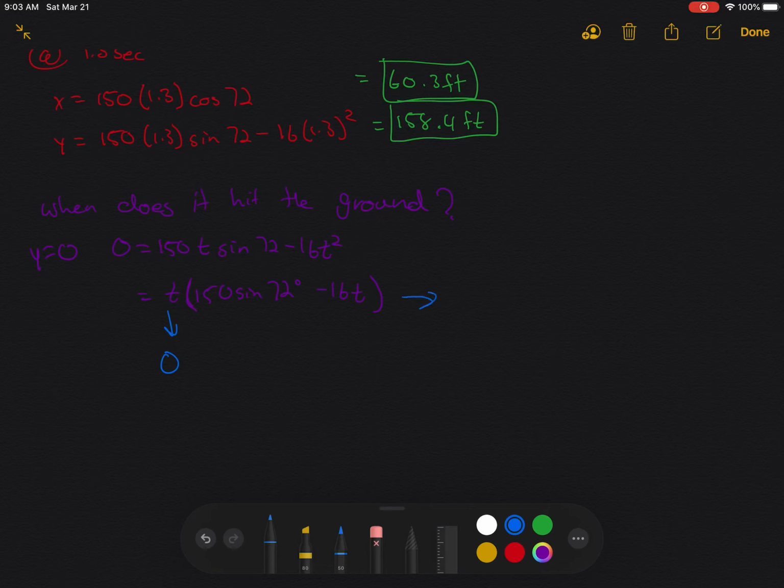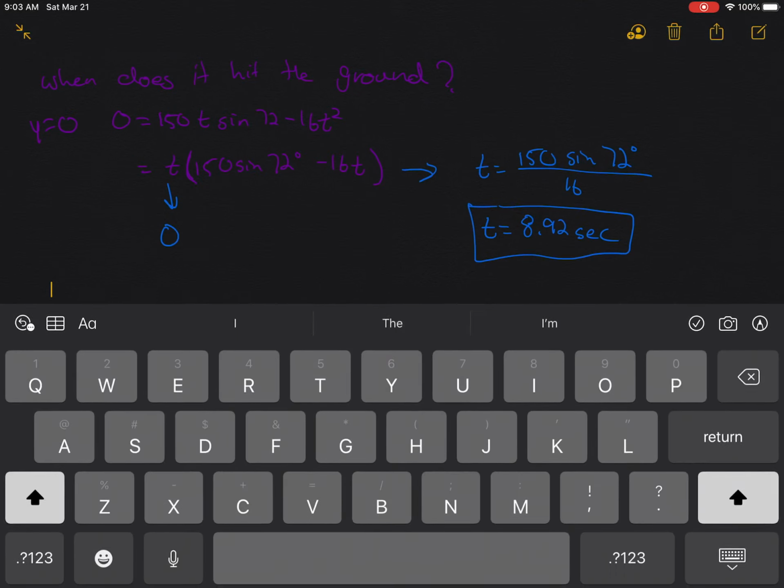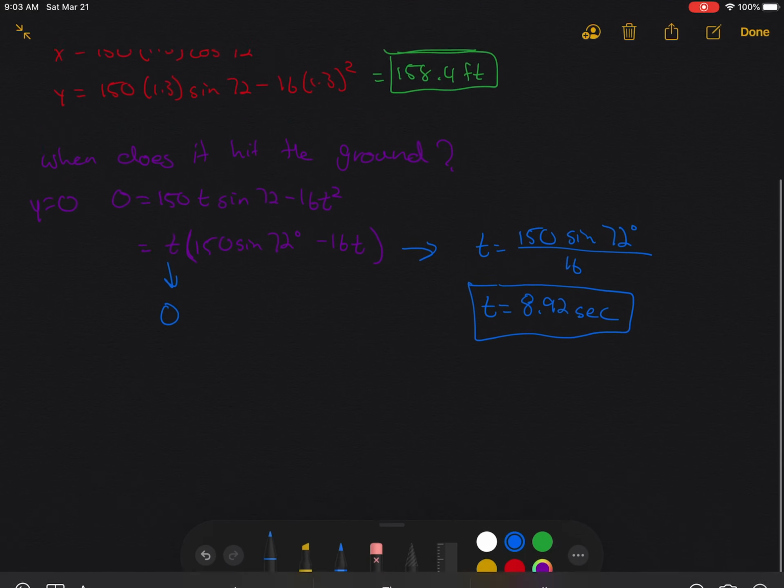If we solve this for t, we get 150 sine 72 degrees over 16. Plug that in your calculator, and you should get t equals 8.92 seconds. So at 8.92 seconds, the ball hits the ground. That's its final time.